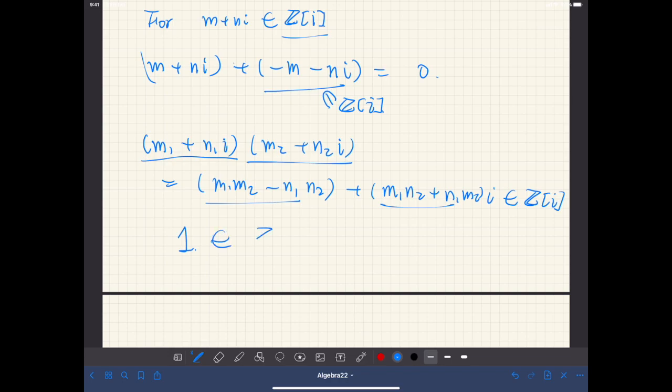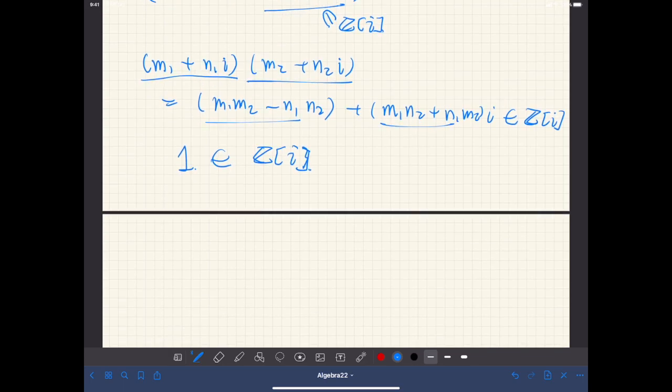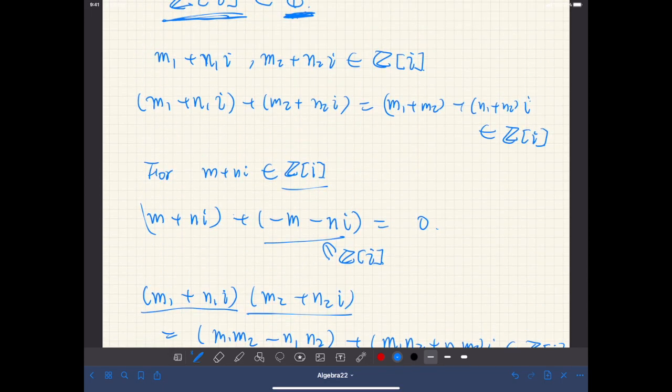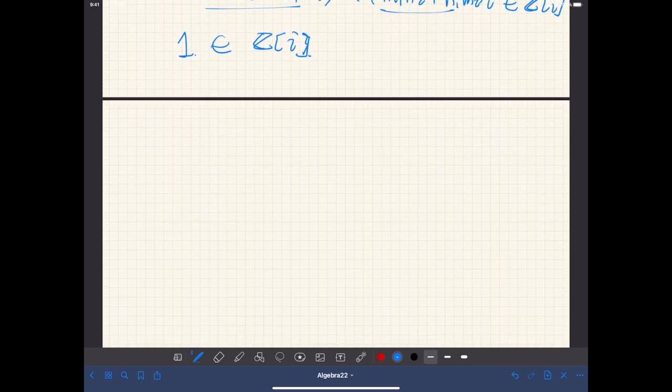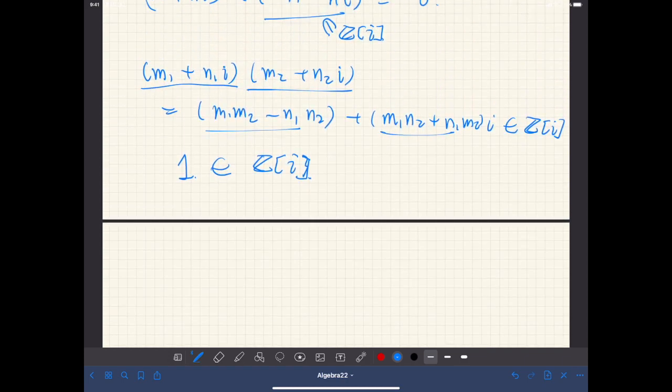This is an element of Z of I. And the absence of proper divisors of 0 is also clear because C is a field. So there are no non-zero Gaussian integers, the product of which can be 0. So we are done.